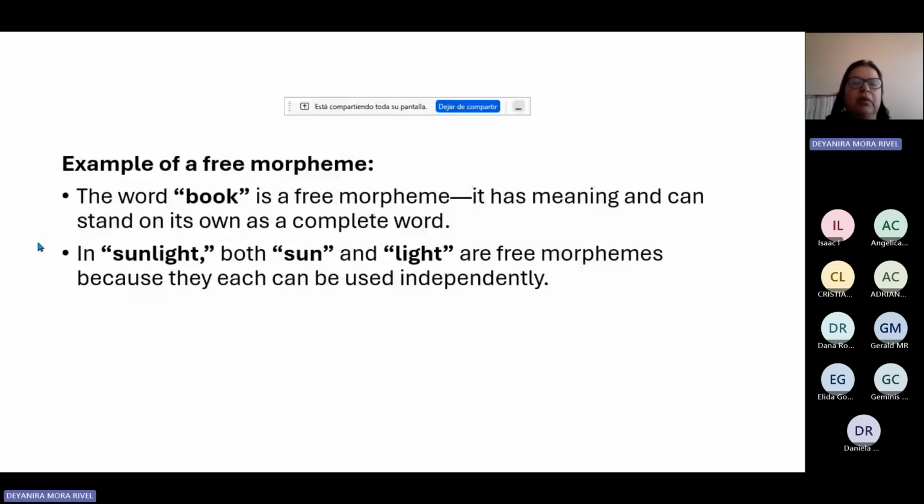So I need both to get the meaning, but they also can be separated into two different morphemes. So sunlight is going to have one meaning. Sun is going to be a free morpheme, and light is going to be a free morpheme. They each have different meanings, but sun and light together are going to be a compound.